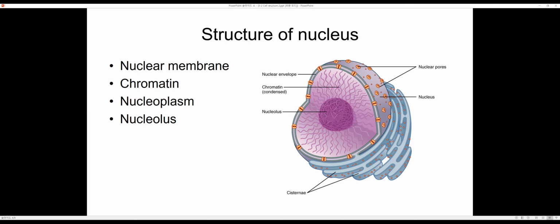Okay. So this pore is quite big, but it can filter out big molecules like macromolecules. They cannot go in and out freely. So those materials can be controlled by size or shape, but small molecules can go in and out freely. Okay, that's the brief structure of the nucleus.